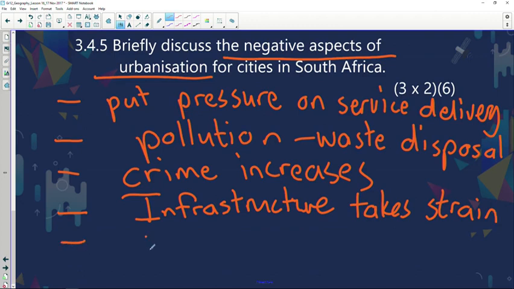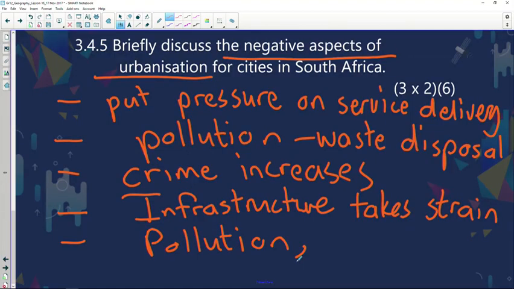There's going to be an increase with pollution. Think of cars, more cars because more people have moved to the urban areas, and there's going to be an increase in pollution, and we can say congestion. For instance, traffic.